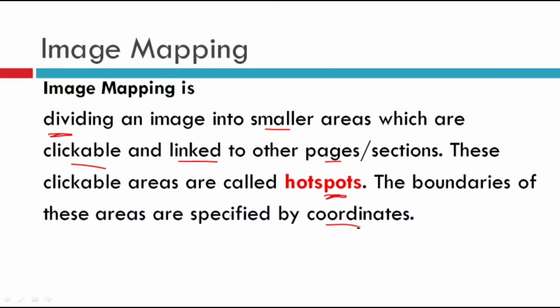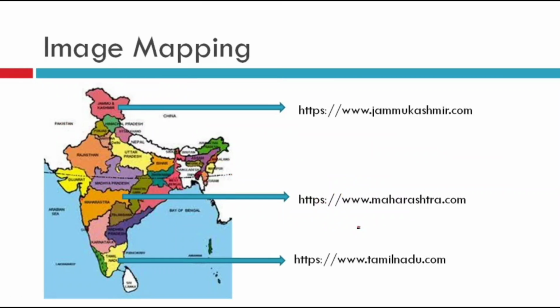So image mapping is to create small clickable areas on the web page, called hotspots. Now we are going to consider the example of the map of India with its states, and when the user clicks on any state, it will take them to the respective website of that state.